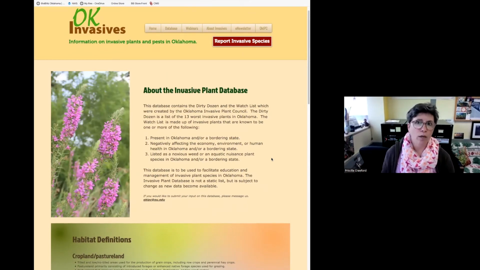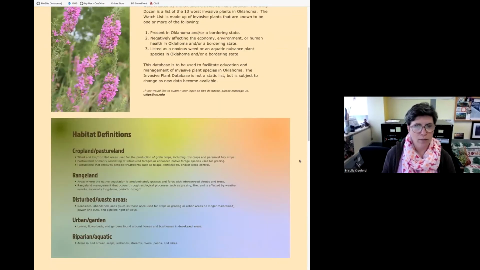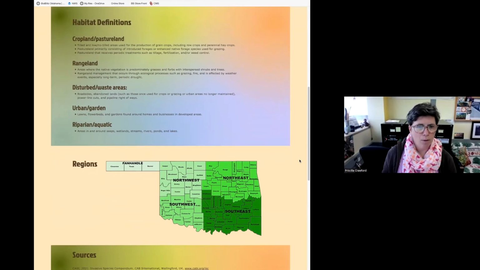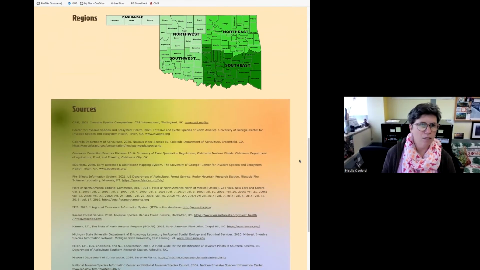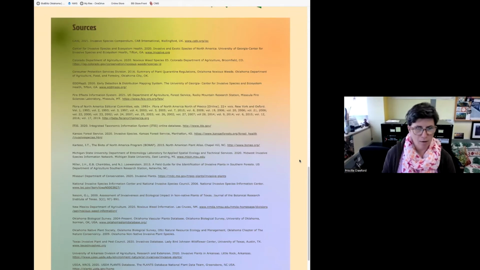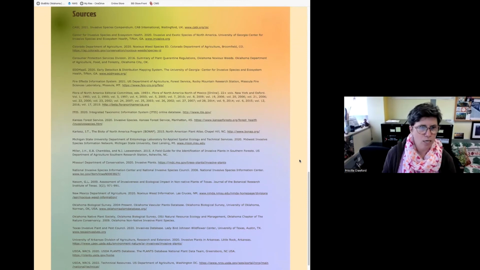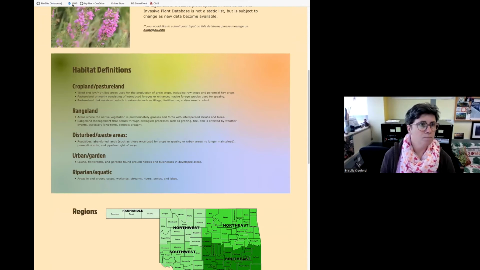And those are noted when you find them within the database. So we have that description about what this database is, the habitat definitions that Amy went through, a bigger map focusing on how we divided up the state into regions, and then the sources. Amy skimmed past that because nobody wants to try to read those, but you can find all of the sources on our website. So that's the information page about the database.